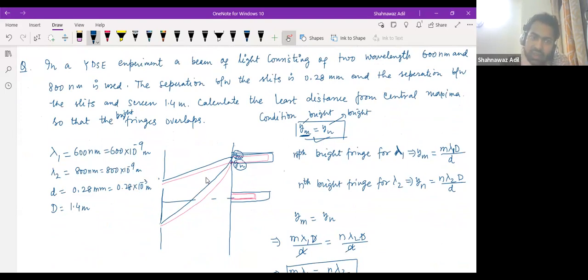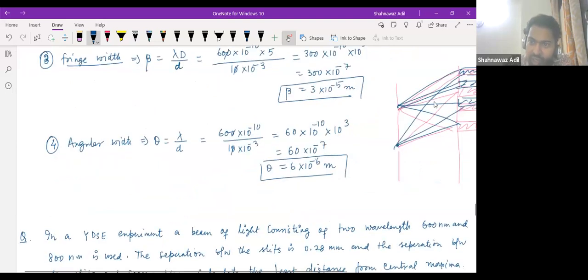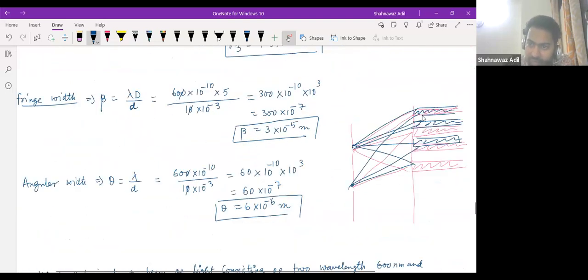Yes, three. We had two kinds of wavelengths, right? So the light had two different wavelengths. Then what happened? Then you saw that the interference pattern got mixed up, right? So you got a mixed up interference pattern.